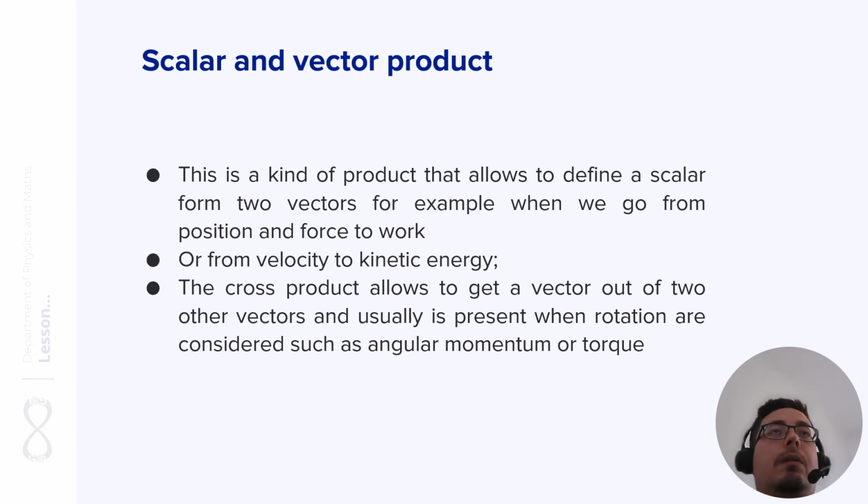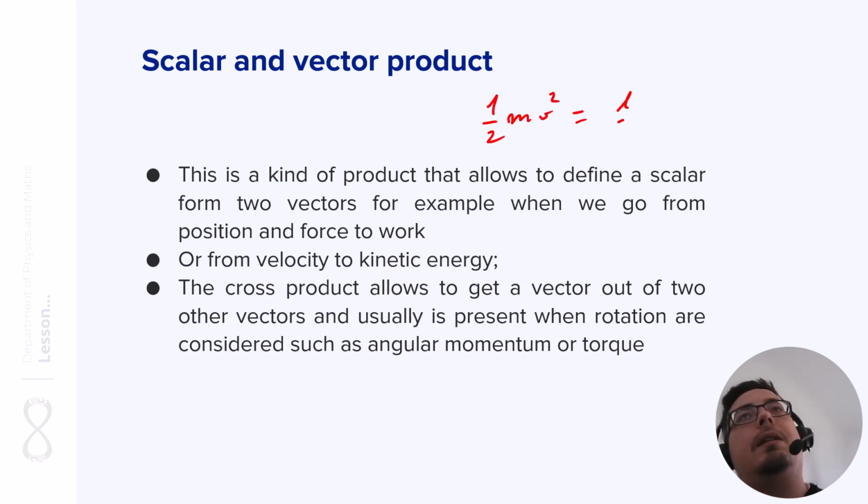We saw the scalar product. We want to highlight the scalar product as a tool to get meaningful quantities out of the system. For example, kinetic energy, 1/2 m v squared, can be seen as a scalar product of the velocity with itself.